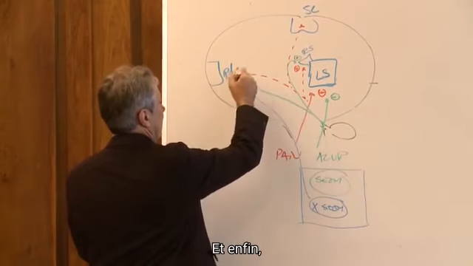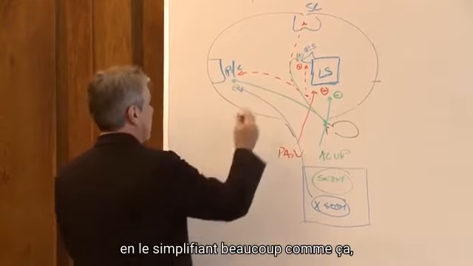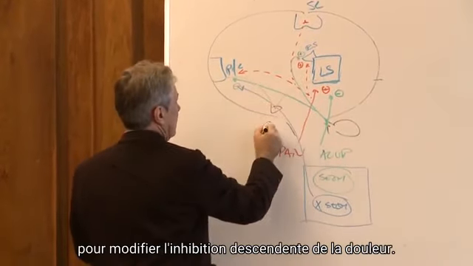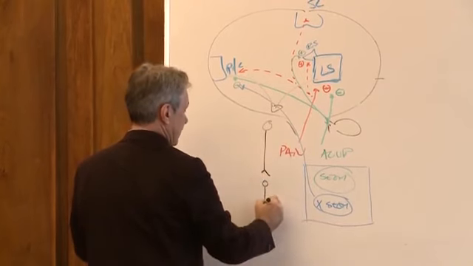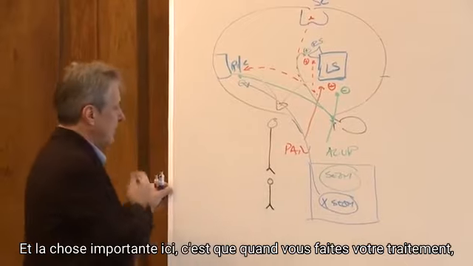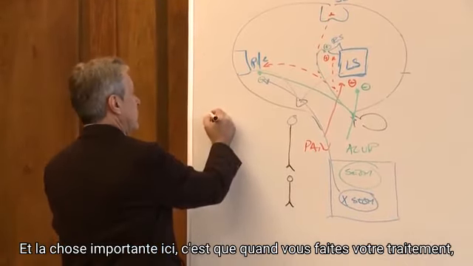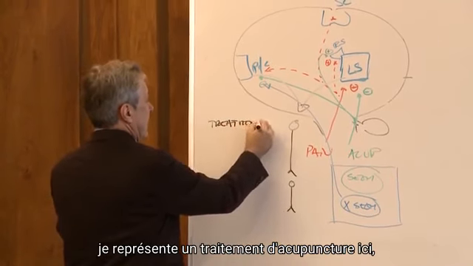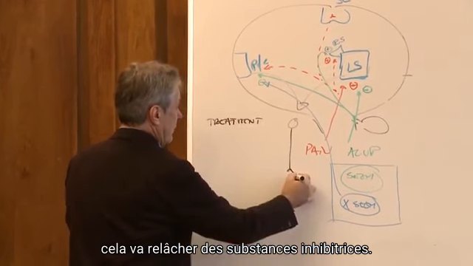And then finally, all of these systems, of course, come together, and this is now very simplified like this. All of these systems come together to affect the descending pain inhibition. And the important thing here is that one acupuncture treatment is going to result in the release of inhibitory compounds.